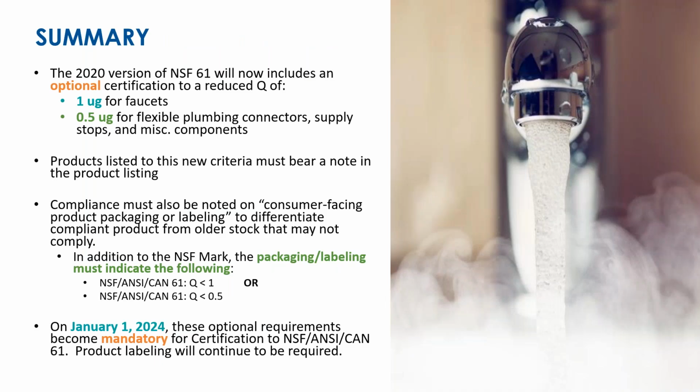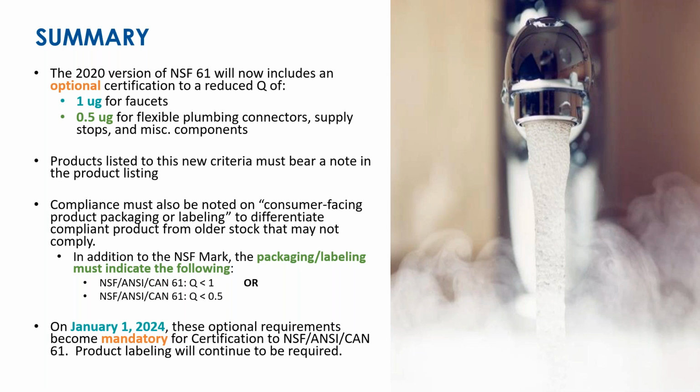So just to summarize, the 2020 version of Standard 61, which was just published, now includes an optional certification to a reduced Q statistic of 1 microgram for faucets and 0.5 micrograms for flexible plumbing connectors, supply stops, and miscellaneous components.